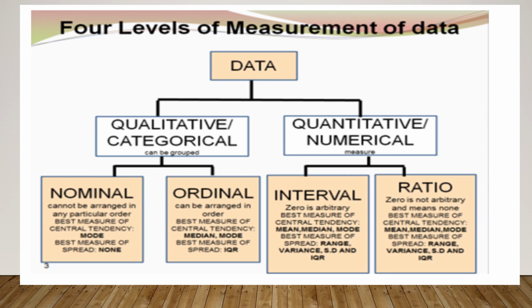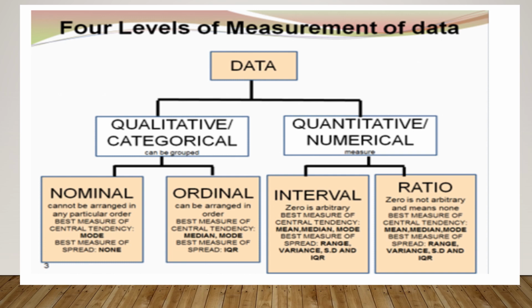When we say categorical data, these are qualitative or can be grouped. We have two types of categorical data, the nominal and ordinal.